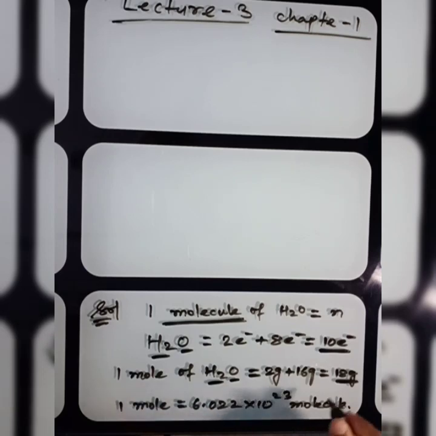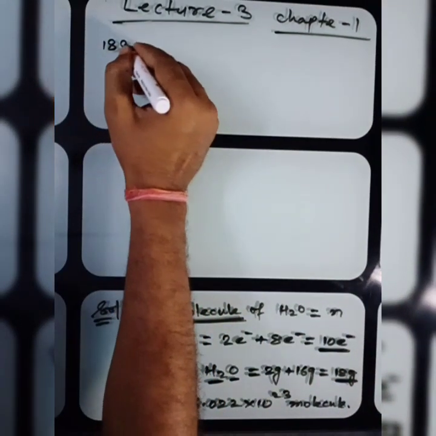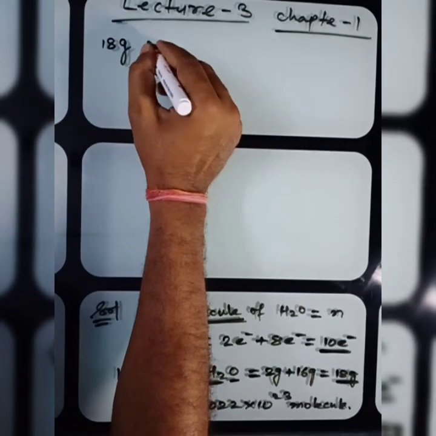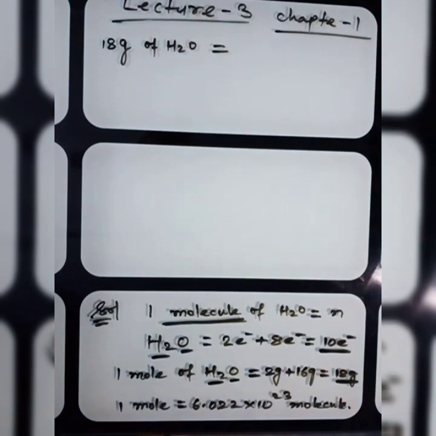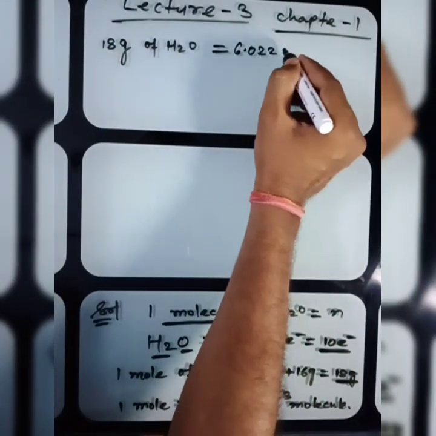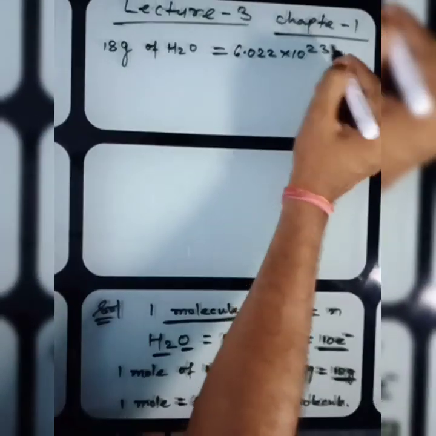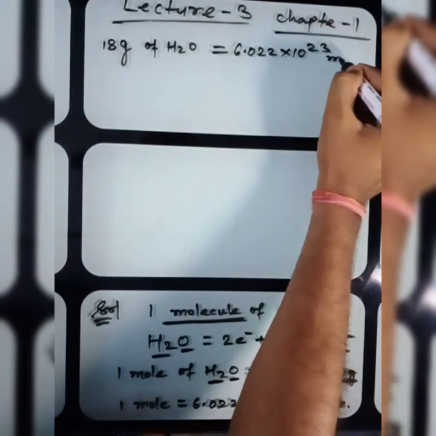So 1 mole is equal to this many molecules, and 1 mole is equivalent to 18 gram. It means 18 gram of water is equivalent to 6.022 times 10 to the power 23 molecules.